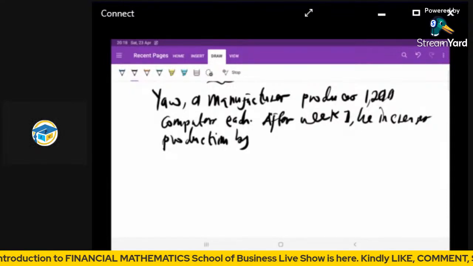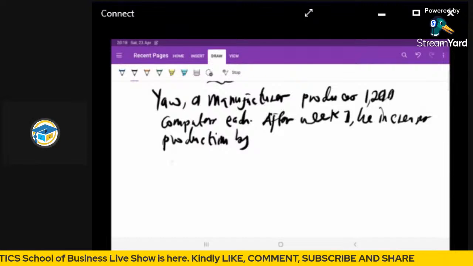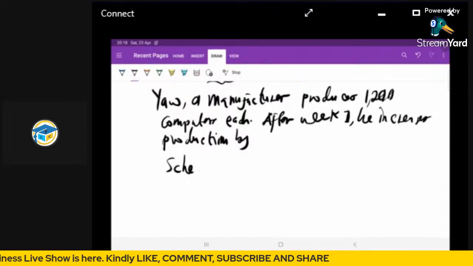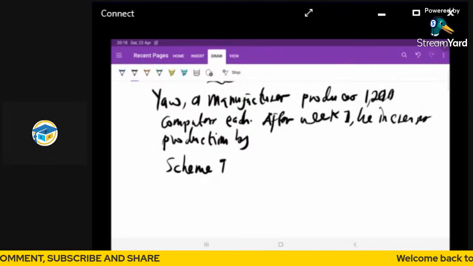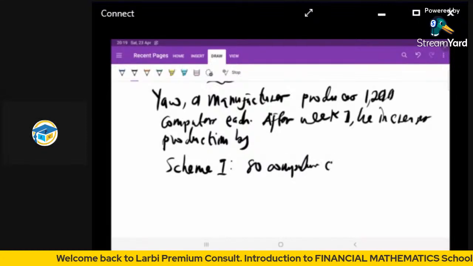With the first scheme, production increases by 80 computers each week. So scheme one, or scale, or any scheme, can be the same thing. Scheme one: 80 computers each week. Sorry for the handwriting.